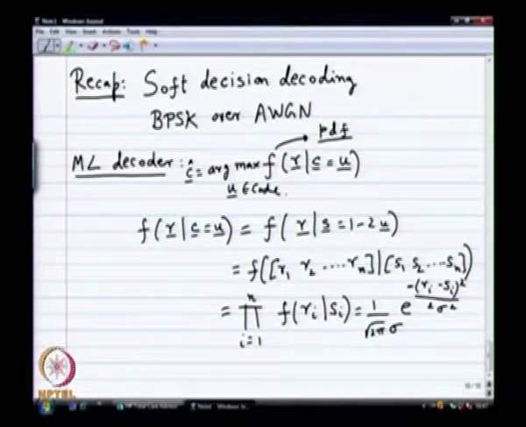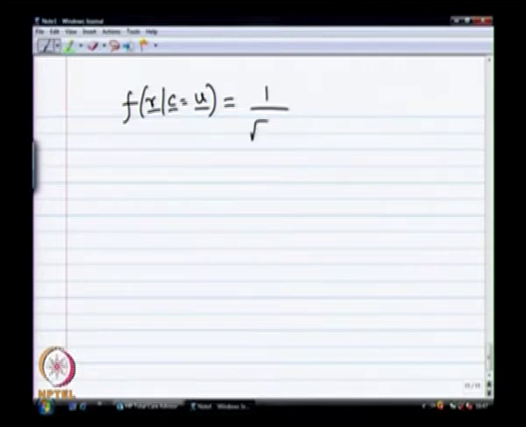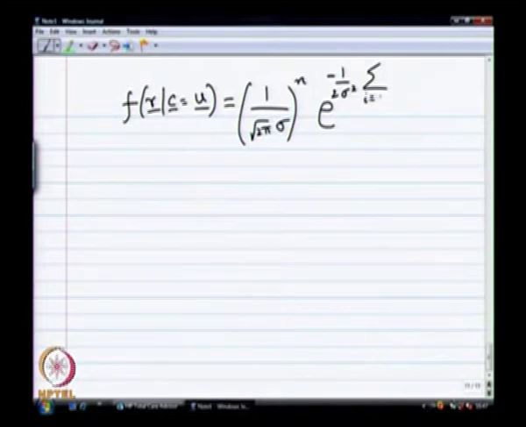Now if I do the multiplication, remember what I am computing: f of r given c equals u. This is the product; I wrote it down as a product. When I multiply it out, I get 1 over root 2 pi sigma occurring n times, and then e power minus 1 by 2 sigma squared times the sum from i equals 1 to n of (ri minus si) squared.